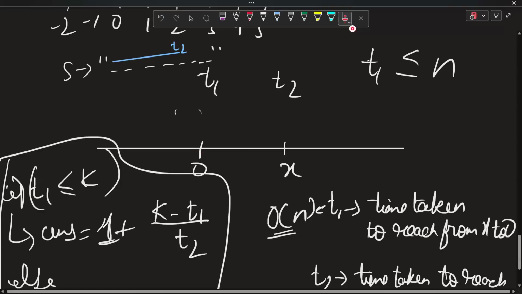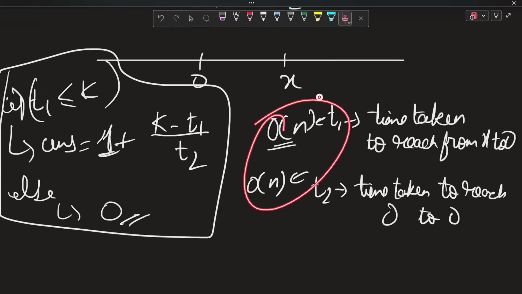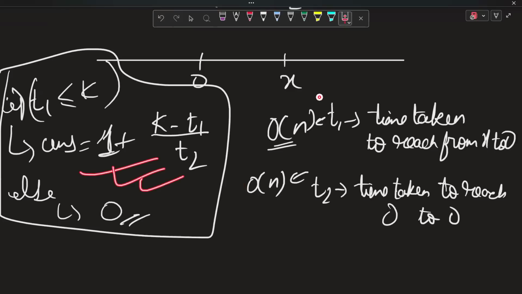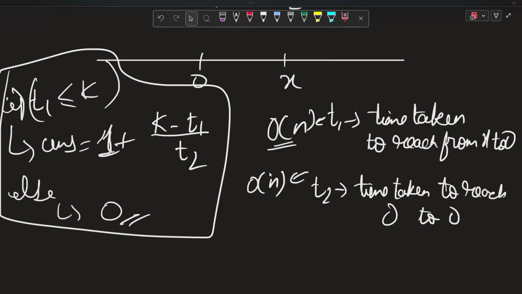So this would also take at max an order of n time. Overall, in order of n time only, you are able to solve this problem. I hope this is clear to you. I have written what t1 and t2 were. If you have any more doubts, you can ask, or let's move to the code part.